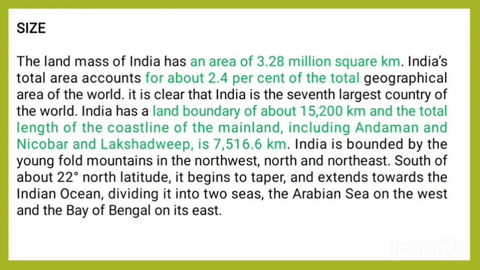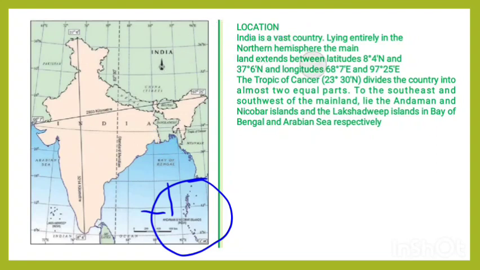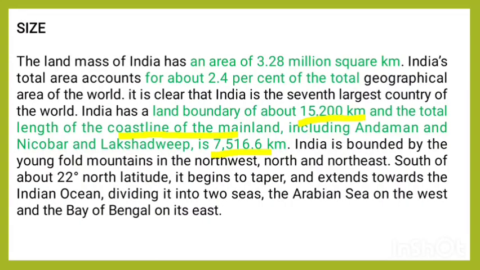The total land boundary of our India is 15,200 kilometer, and the coastline of our India is 7,516.6 kilometer, which includes the Andaman and Nicobar and Lakshadweep islands also. India is surrounded by the Himalaya in the north, which is a young folded mountain.